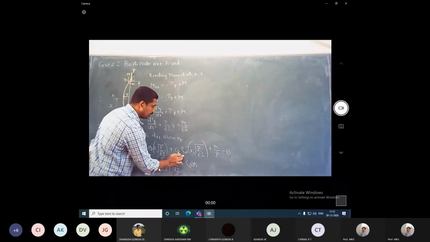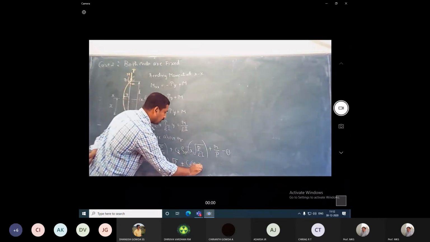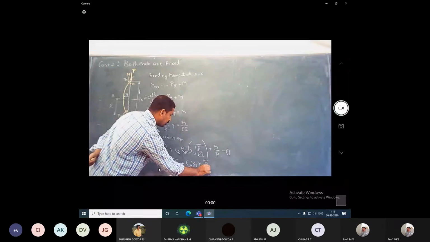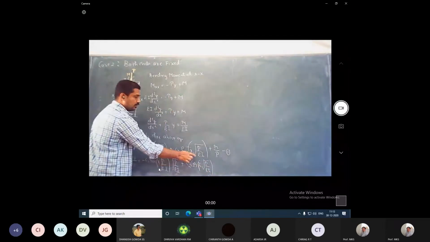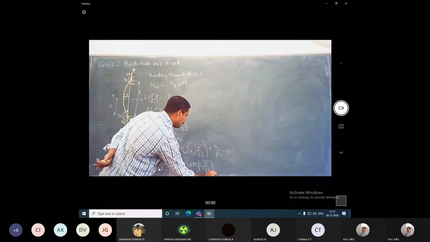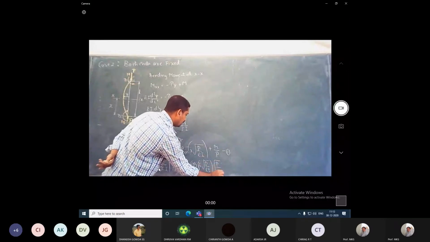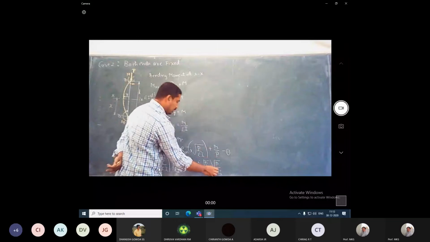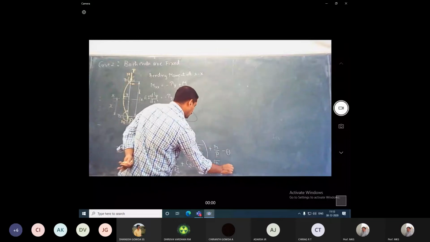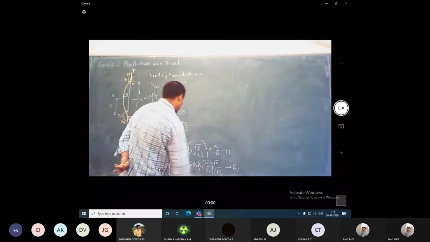Differential of the second term: the differential of sin is cos, so C2 cos x into root of P by EI into the differential of x, which is root of P by EI. The differential of the constant is 0. So call this equation 2.